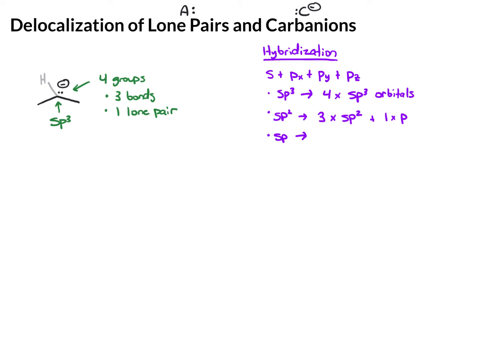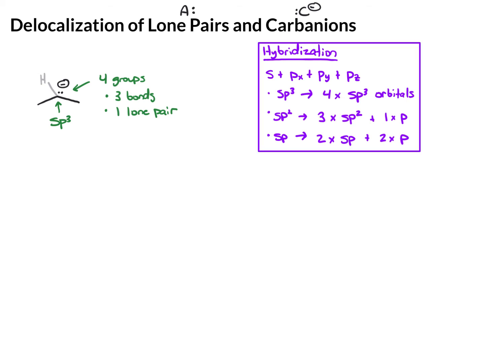In sp hybridization, 2 p orbitals are reserved and they don't go into hybridization, but the s and 1 p orbital mix. So s and p mix together to give sp, but since there's 2 going in, 2 come out. So we get 2 sps plus 2 p.